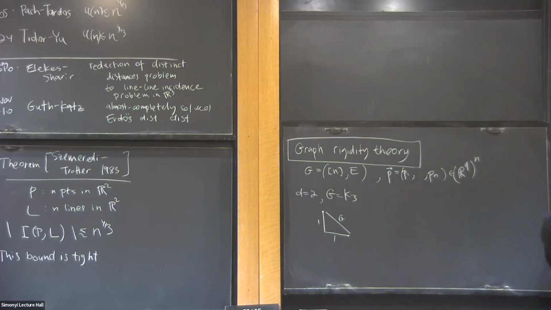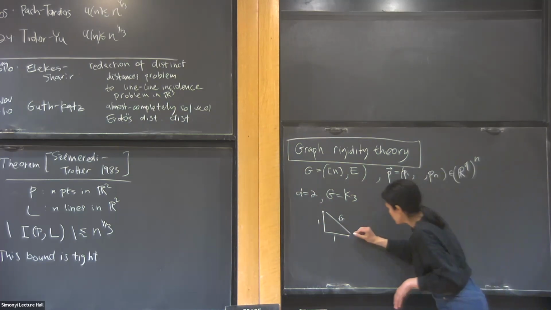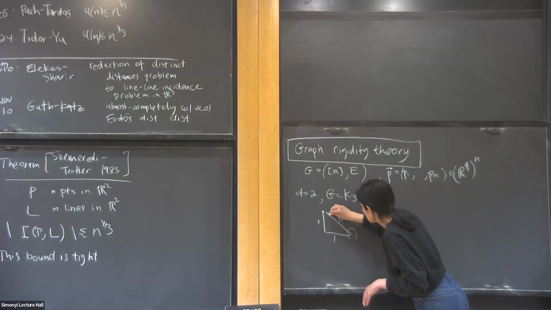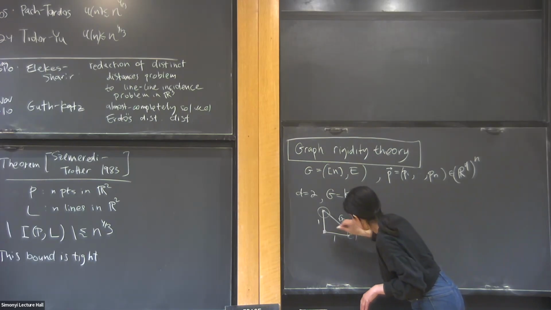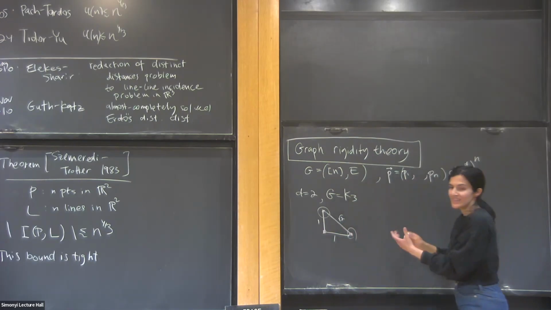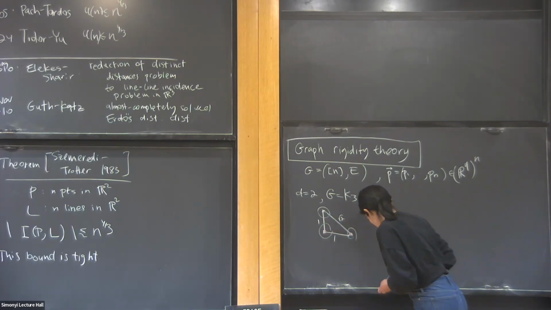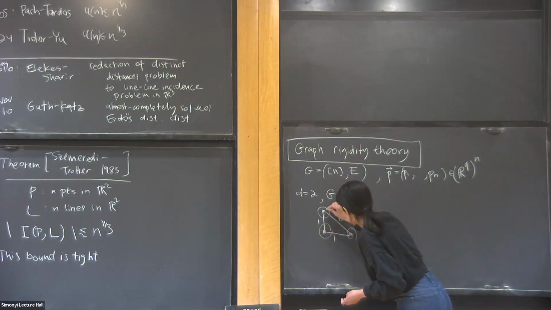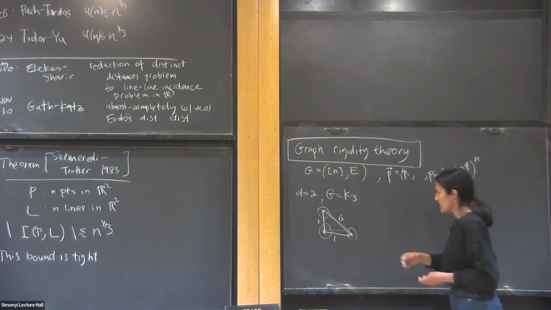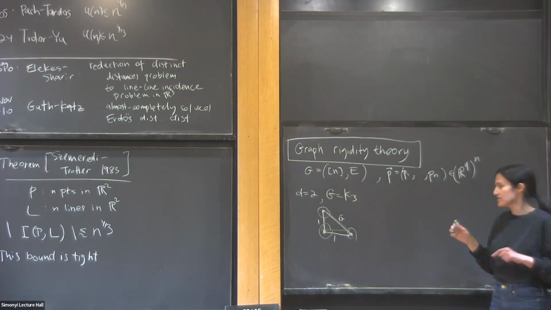So when do I say that this graph is rigid? What I want to do is find another embedding in the neighborhood of the original one, something maybe here, another embedding of the same graph that induces the same edge lengths.